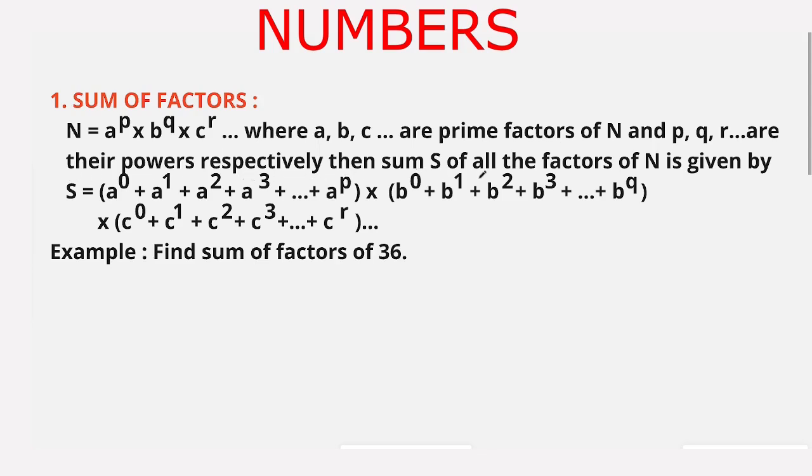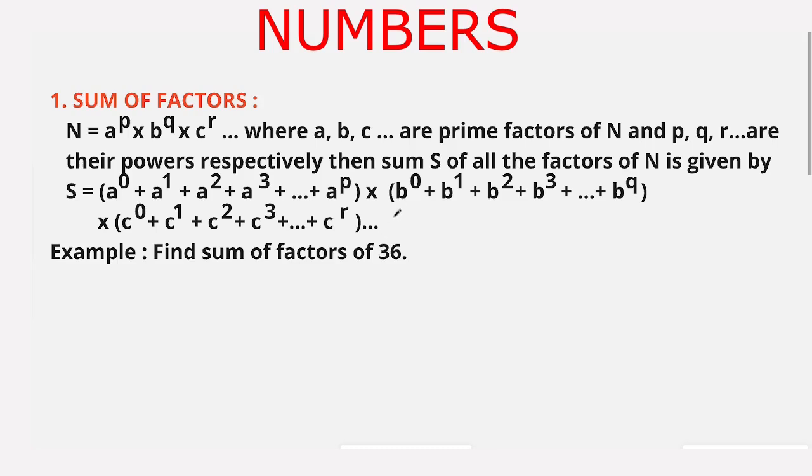Then the sum S of all the factors of N is given by S equal to, within bracket, a to the power 0 plus a to the power 1 plus a to the power 2 plus a to the power 3 plus, and this goes up to a to the power p, multiplied by, in another bracket, b to the power 0 plus b to the power 1 plus b to the power 2 plus b to the power 3 plus, this goes up to b to the power q, multiplied by, in another bracket, c to the power 0 plus c to the power 1 plus c to the power 2 plus c to the power 3 plus, this goes up to c to the power r, and this continues.